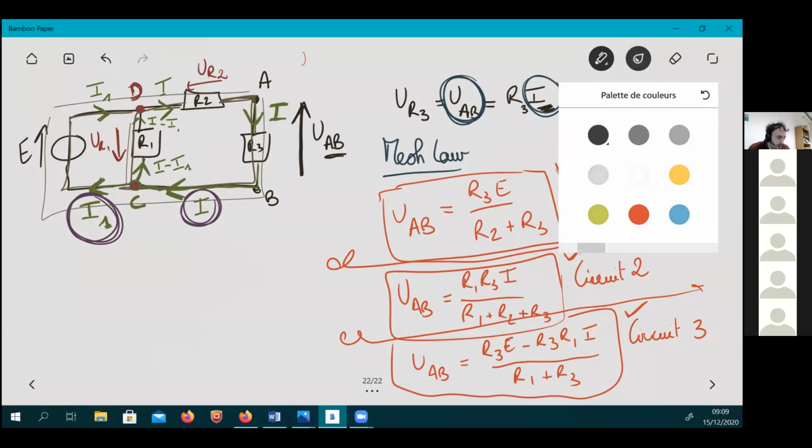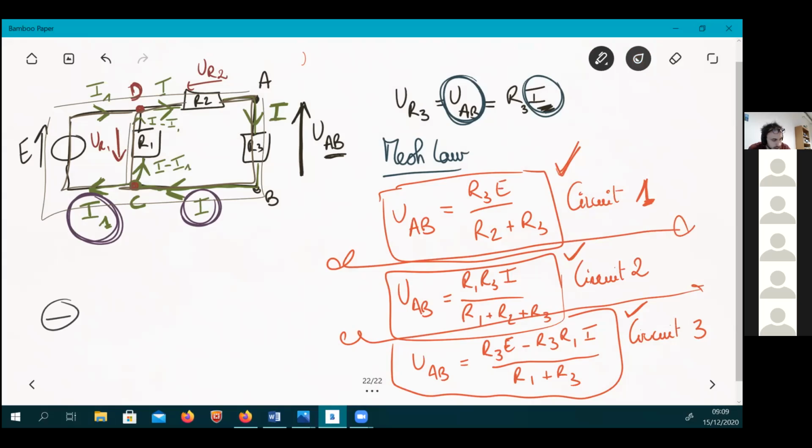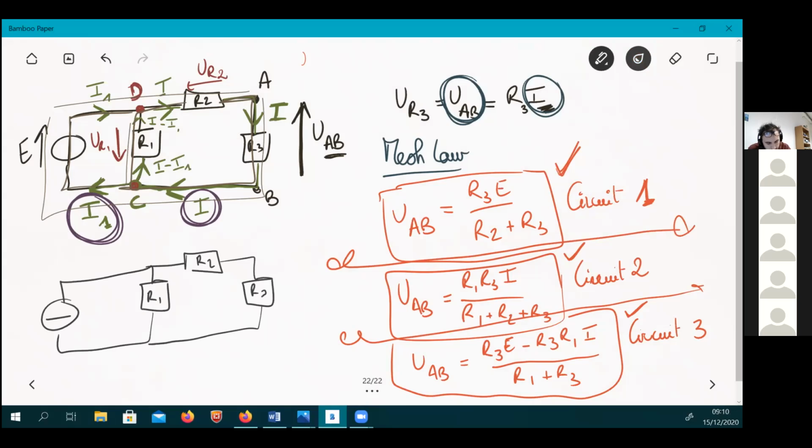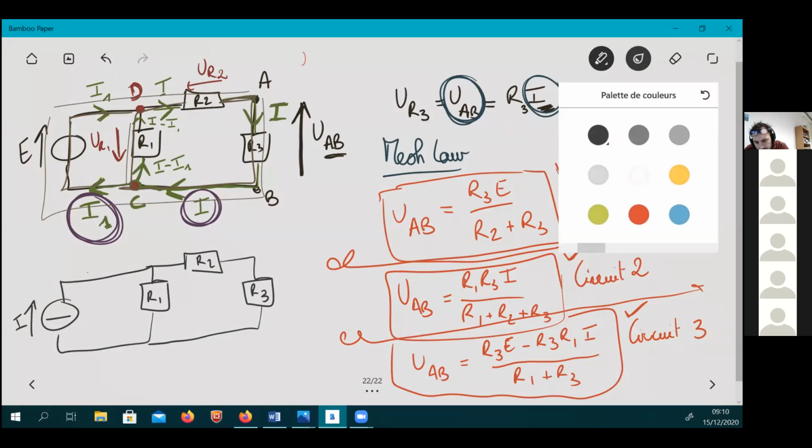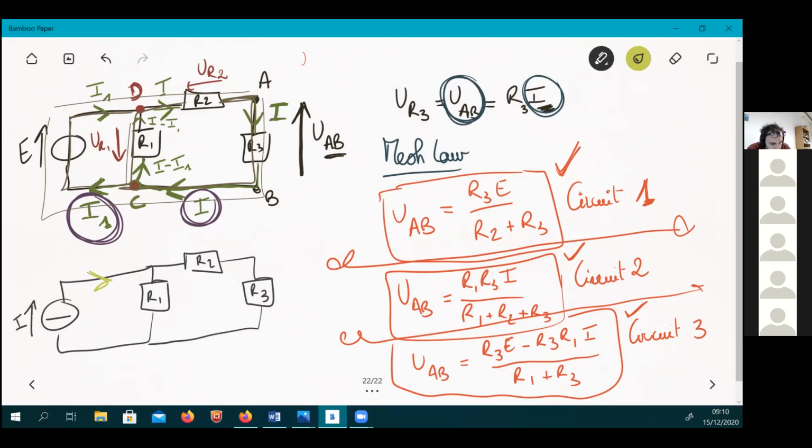If I move to the second circuit, R1, R2, R3, you have a current generator, which means that the current in this branch is fixed and is equal to I.